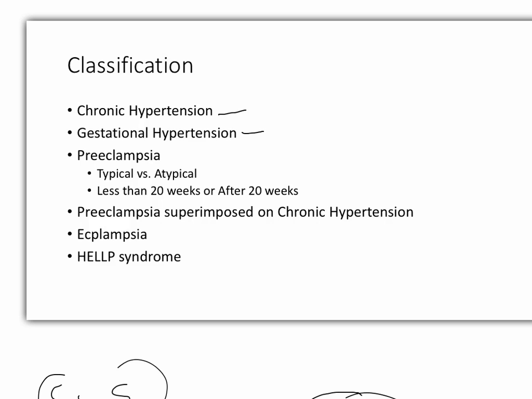Now, gestational hypertension is basically, you use those same numbers, and it's just a hypertension caused by pregnancy. It may or may not be related to some of the pathologic changes of preeclampsia. Preeclampsia, on the other hand, is defined as gestational hypertension plus proteinuria.